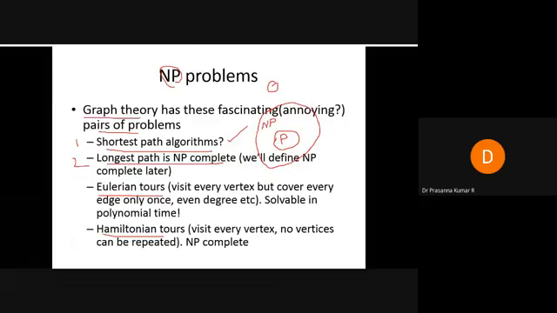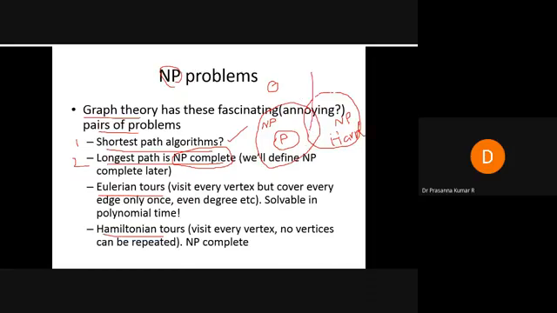But we were discussing another class called NP complete here. So what is this NP complete? There is another class of problems which we can call NP hard. I'll explain NP hard and NP complete later. So we have a class of problems called NP hard, and there is this NP complete.